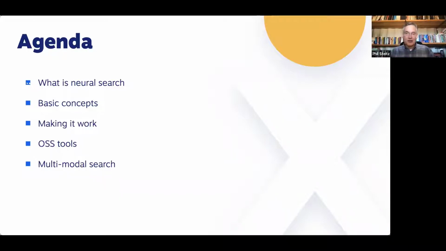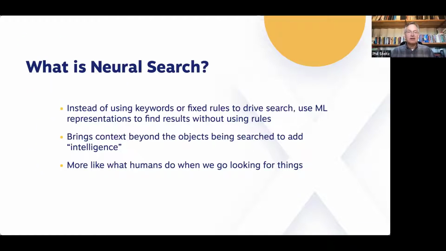There are lots of others, and while I'm very thankful to the authors of those projects for contributing them and enabling us to work with them in the community, I don't mean for this to be a commercial for any specific technology or any specific company. It's really just meant to be an introduction to neural search. Okay, so without further ado, let's jump in.